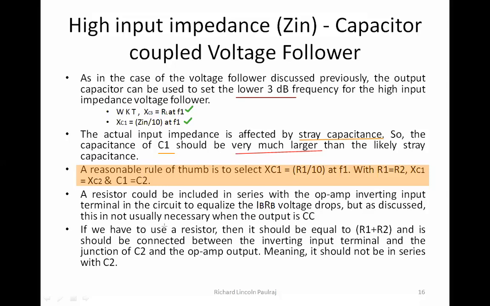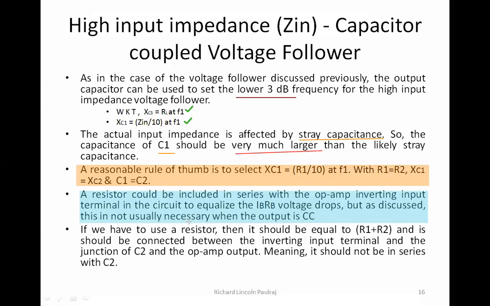This is not usually necessary when we use a coupling capacitor at the output. Whenever we have this coupling capacitor, it's actually not needed to include another resistor. Remember, we have R2 there. R2 is actually not needed because I have used a coupling capacitor at the output, C3.